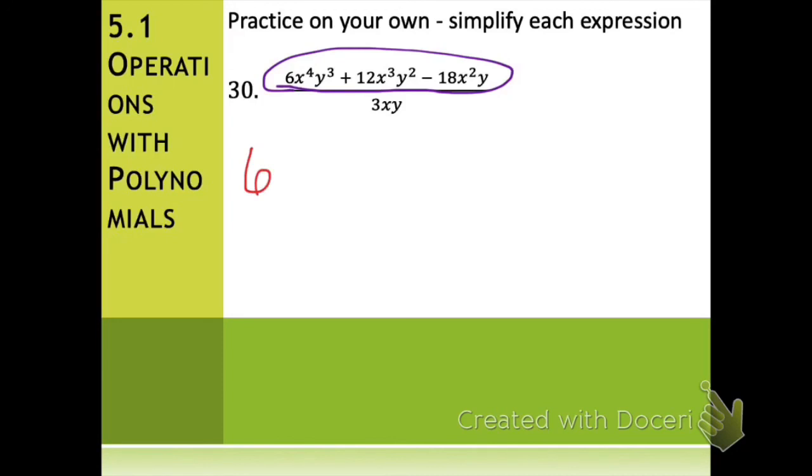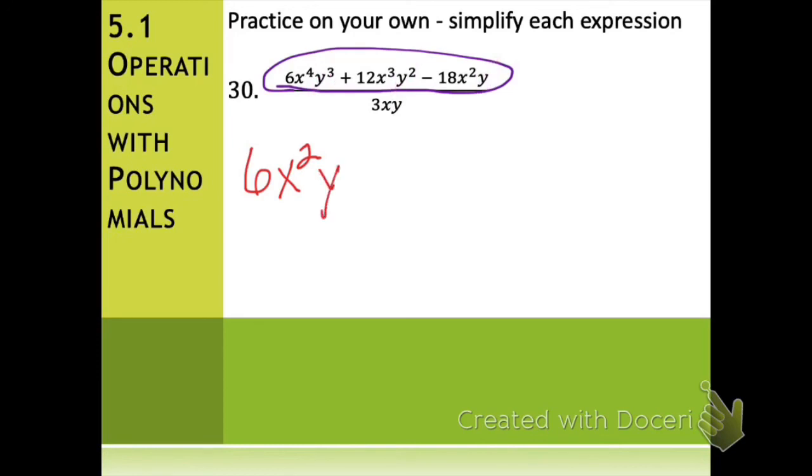How many x's do they have? This one has 4, this one has 3, this one has 2, so the maximum amount that they all have is 2, so I can factor x squared from all of them. And then let's look at the y's. I have 3 on the first term, 2 on the second, 1 on the third, so I can really only take 1 out of all of them.